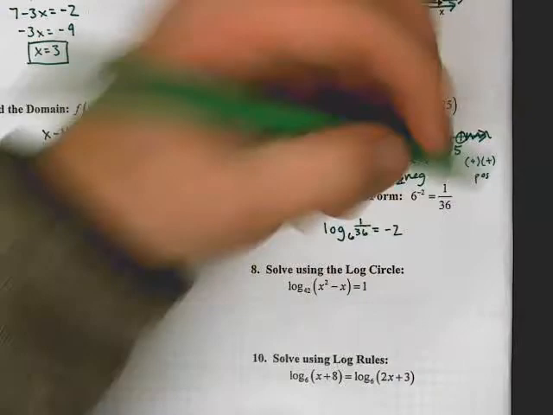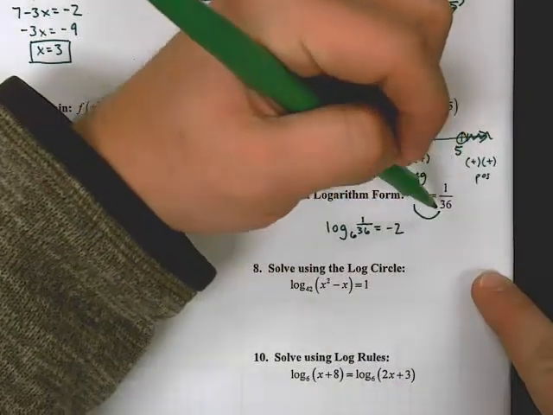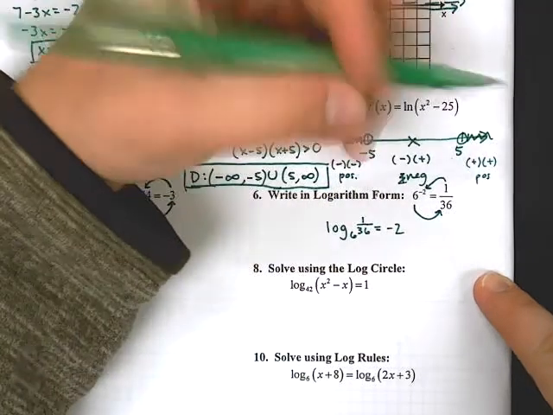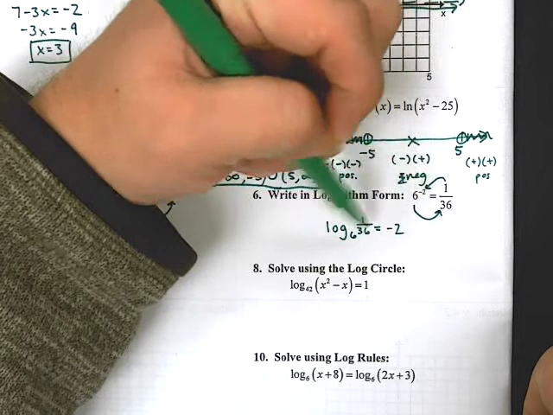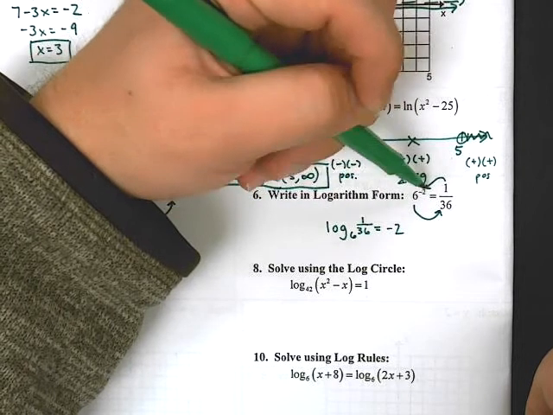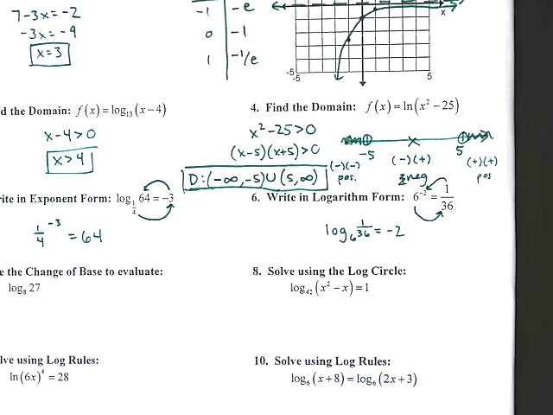Alright, so again, notice the circle works the same way. What did I do? I took the log base 6 of 1/36 is equal to negative 2. Alright.